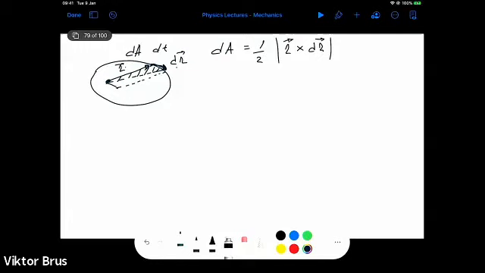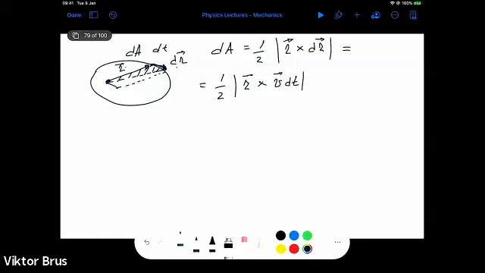So now we can write further that it's equal to 1 divided by 2 r times dr, which is nothing else, when dt is very small, than the product of linear velocity and dt. So we can write v, linear velocity, times dt.